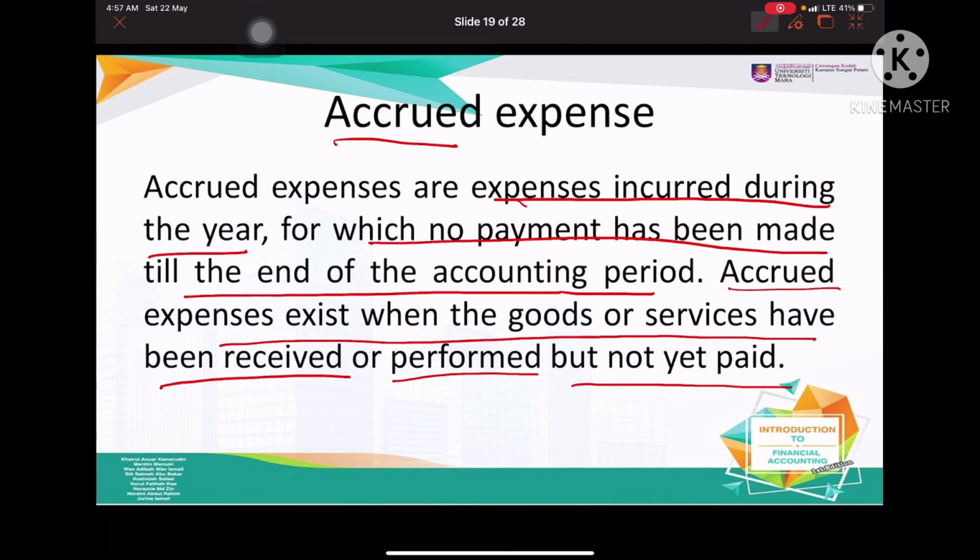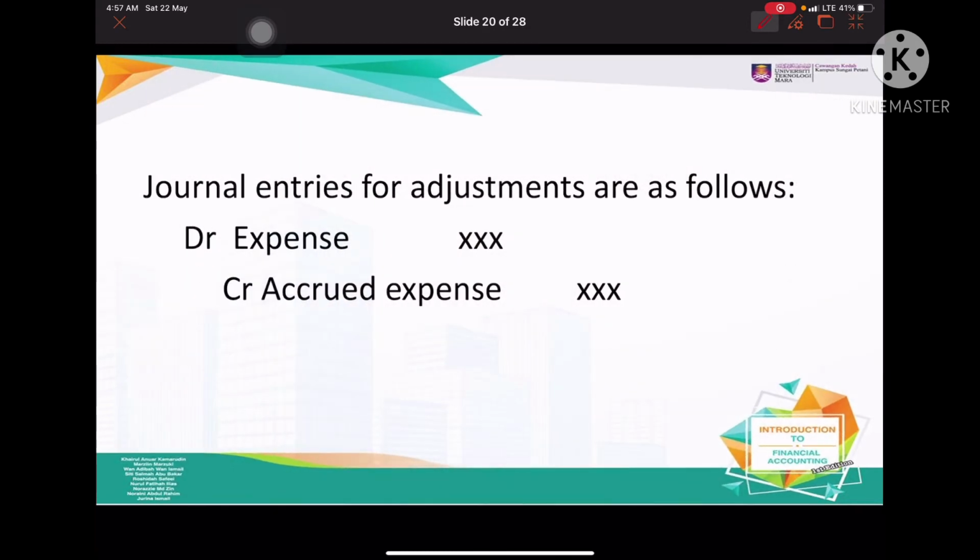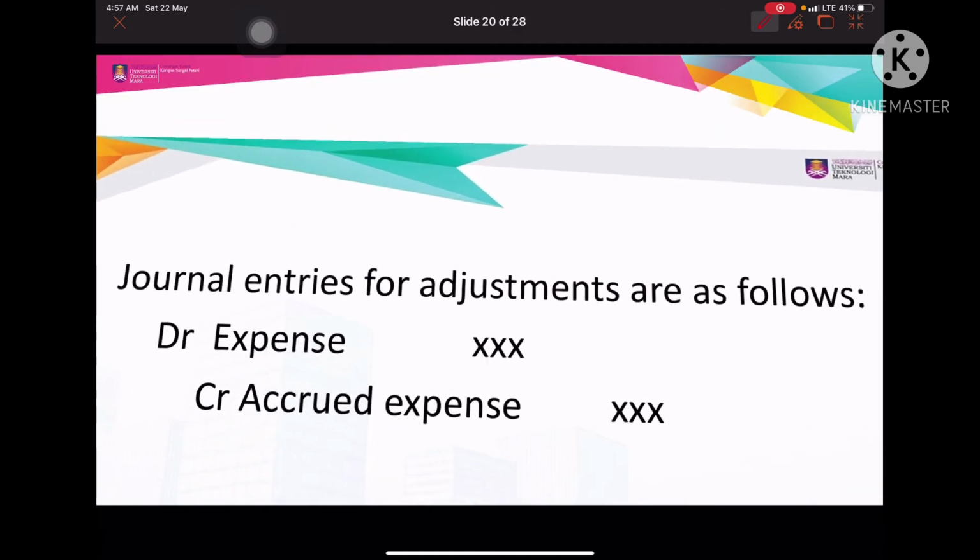It means that we have already received them, but we have not paid the person who gave them to us, or our supplier. Alright, so what will be our journal entry? We debit expense, and then we credit accrued expense.